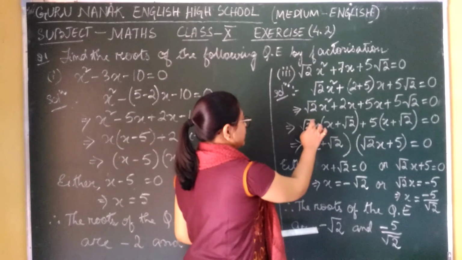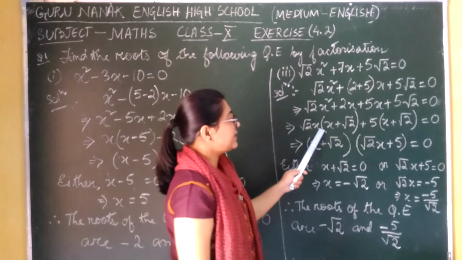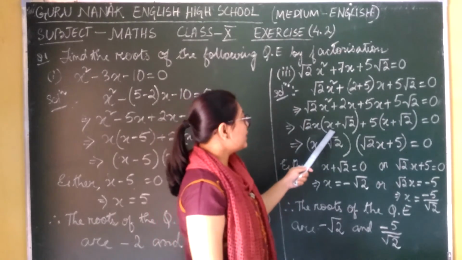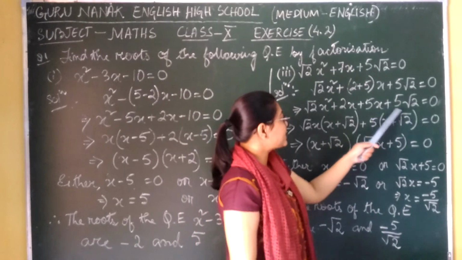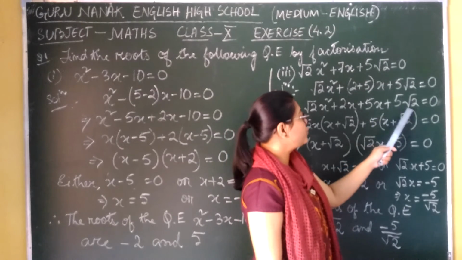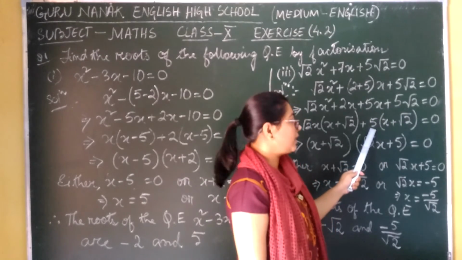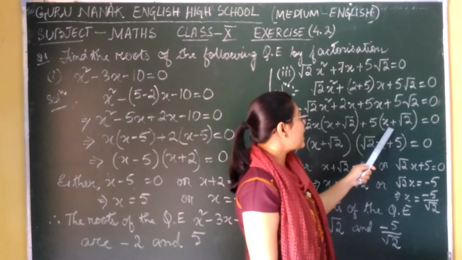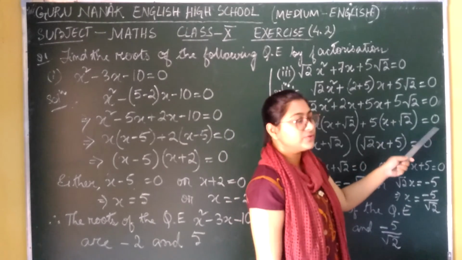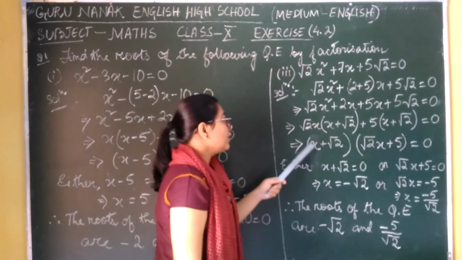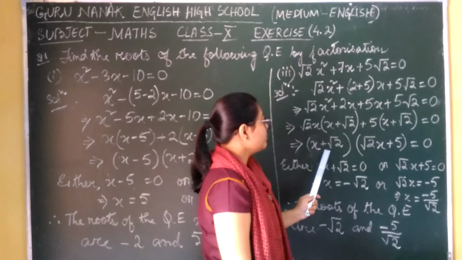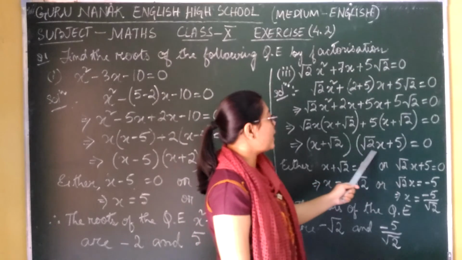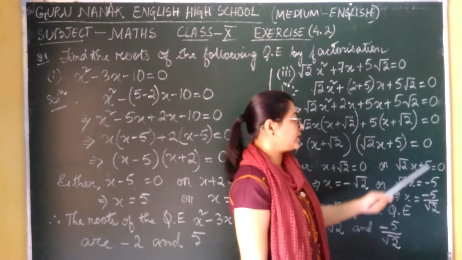So left is x plus root 2. From the next two terms, 5x and 5 root 2, we can take 5 as common. So left is x plus root 2. Now from these two terms we can take x plus root 2 as common, so left is root 2 x plus 5, which equals 0.